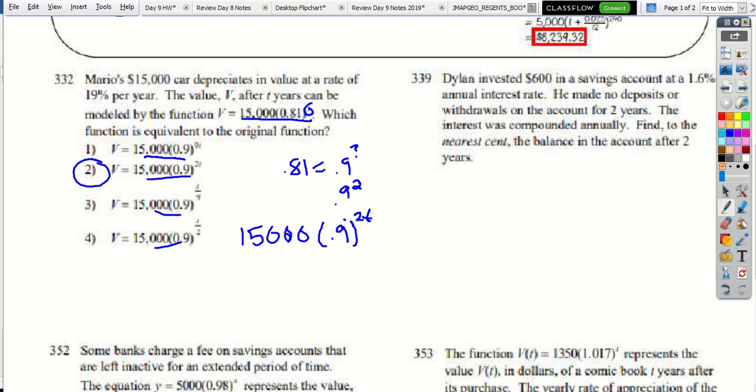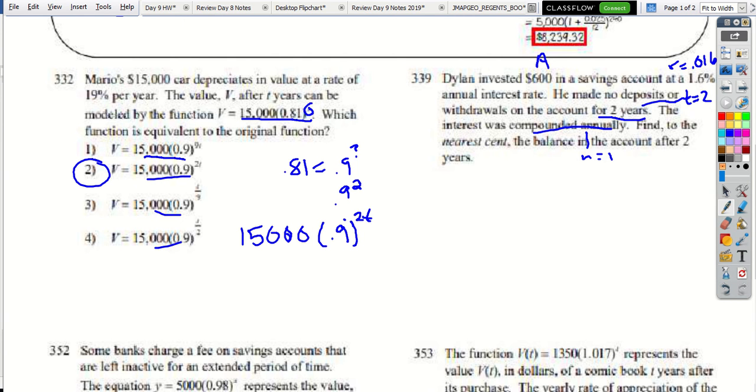339, Dylan invested $600 in a savings account at a 1.6% interest rate, no deposits or withdrawals for 2 years. So we know that A is 600, our r is equal to 0.016, no deposits or withdrawals for 2 years, so that's t, and it was compounded annually, so n is equal to 1.